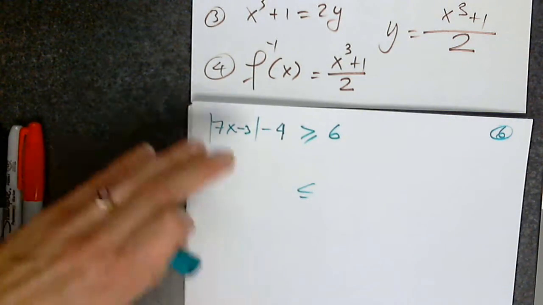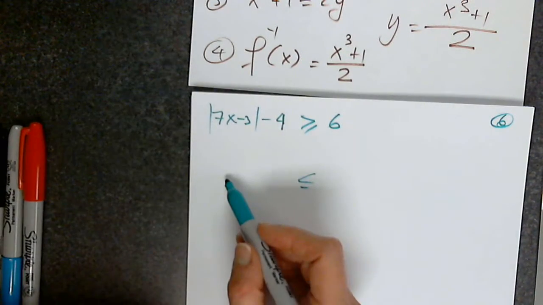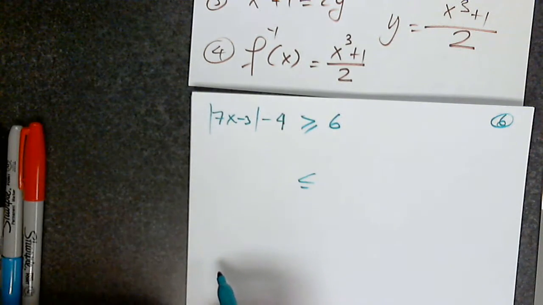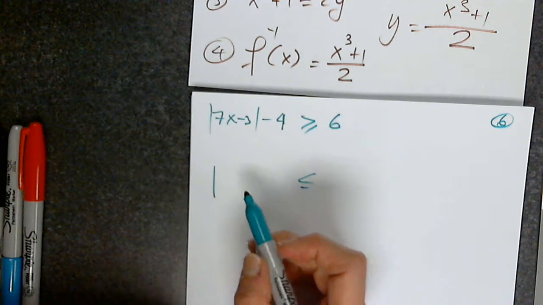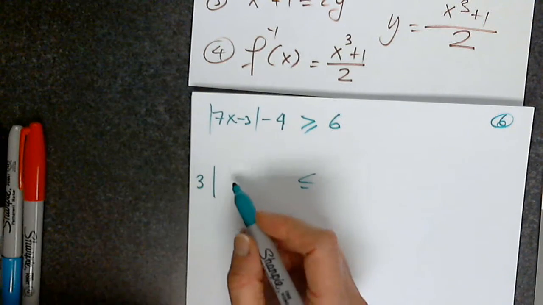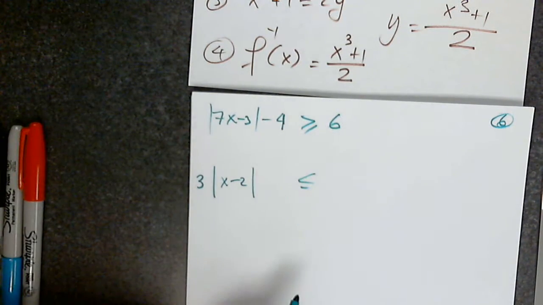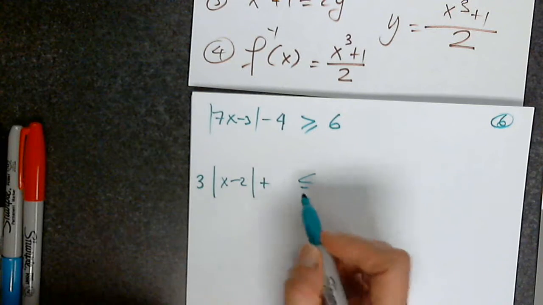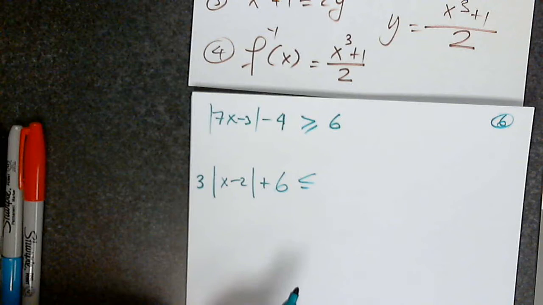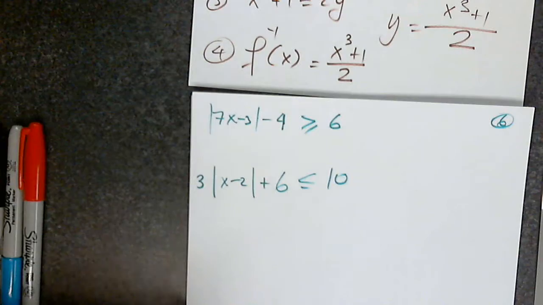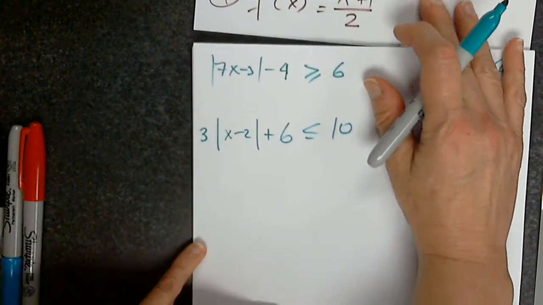Awesome. And let's create another one. And then we'll come back and solve both of them. Let's say 3 times the absolute value of x minus 2, plus 6, less than or equal to 10. Perfect. Good. So let's start with the first one.